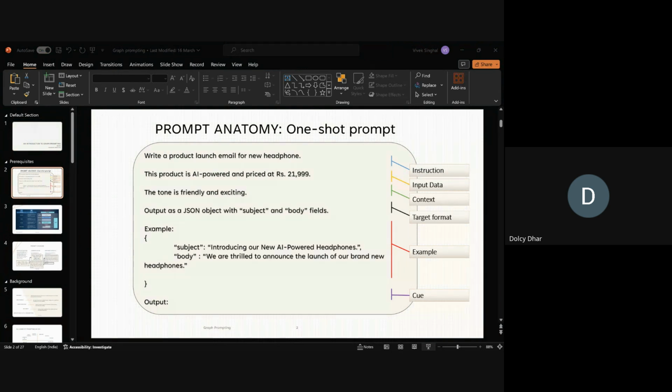So let me just quickly recap this. I just wanted everyone to understand what a prompt looks like. So this is the prompt anatomy, and it will have different things. One would be the instruction, which would specify what the LLM has to do.